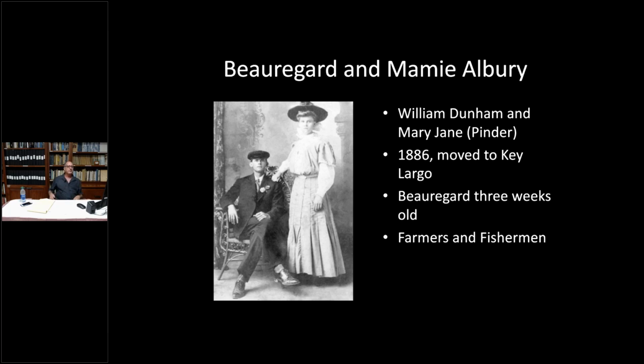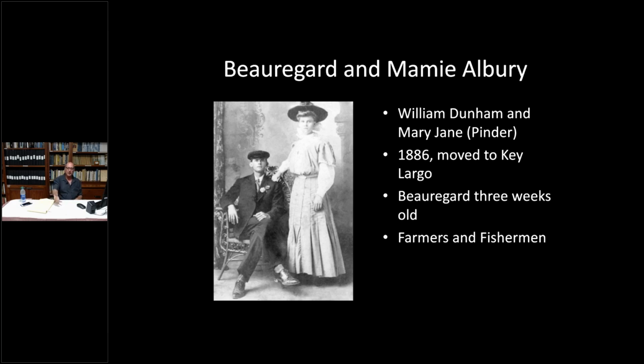This was all Key Largo. I'll just say, sticking to Key Largo, it was government land prior to 1872, and the people who lived on these lands were really just squatters. Eventually, they would homestead these properties under the Homestead Act that came out through Lincoln.